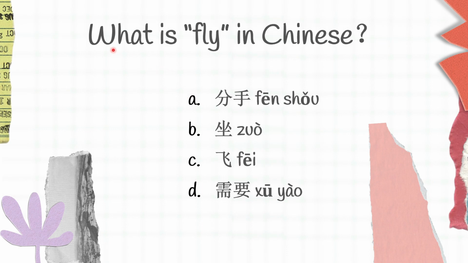Moving on to the next question, what is fly in Chinese? So we have A, 分手, B, 坐, C, 飞, and D, 需要.